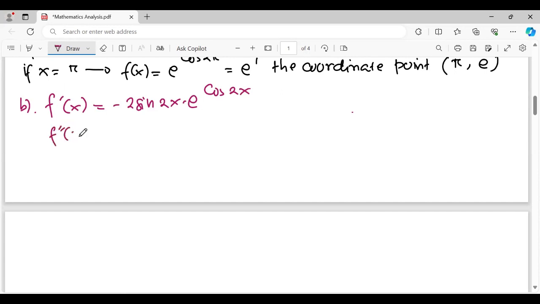So for the second derivative, I have to make sure, using the product rule: if u times v, it means derivative of u times v plus u times derivative of v.